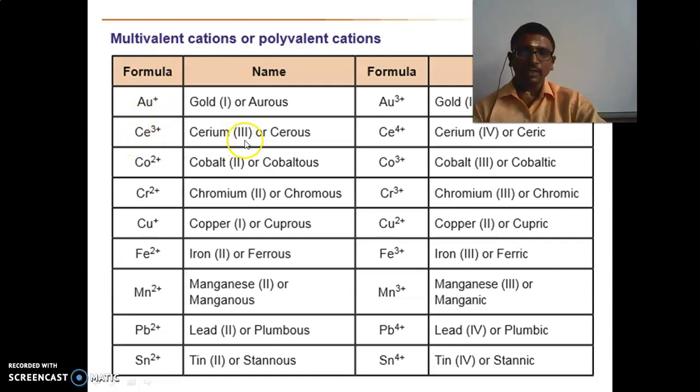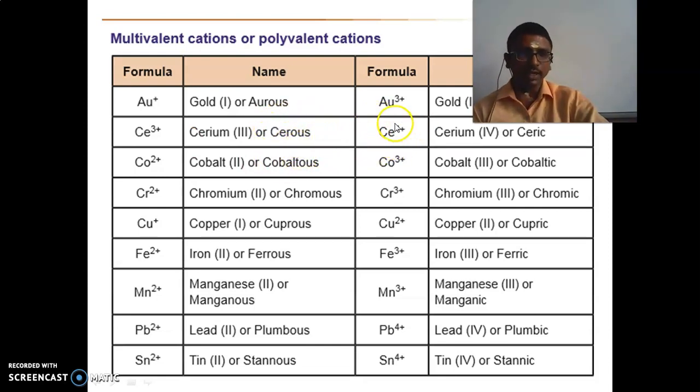Next is Ce3 plus. Ce is cerium. Here the valency is 3 plus. Cerium has 2 valencies, that is plus 3 and plus 4. Plus 3 is the lower valency, so we can write cerous.